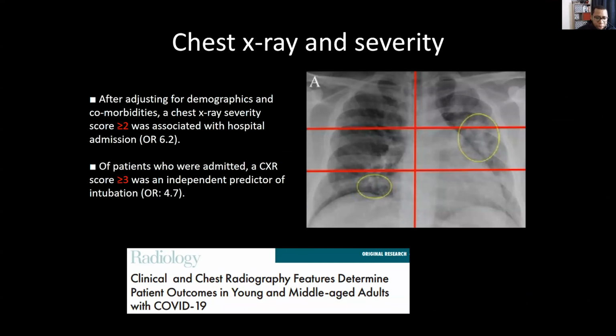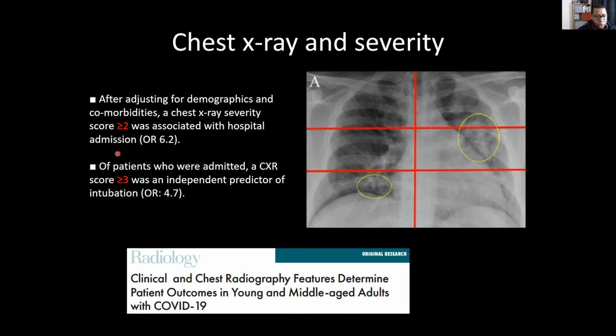So some people showed that you could have what you call a chest X-ray severity score. So this is actually done by some of my colleagues as well in New York. They basically segmented the chest into these different segments and calculated how many of these segments were involved by opacities.